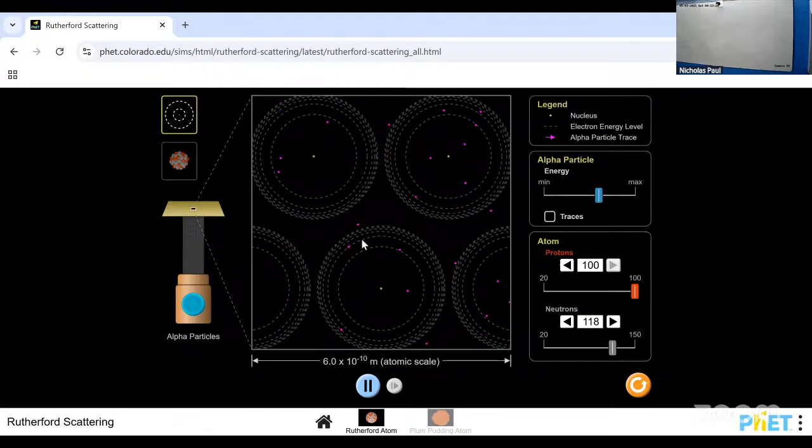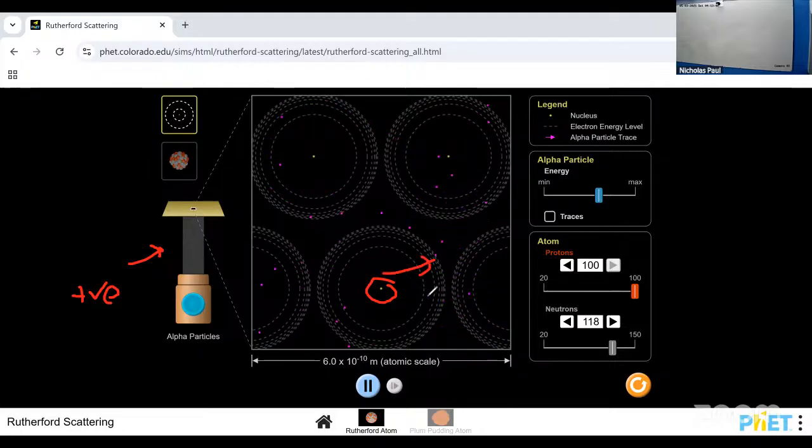What do you think is the next conclusion, Ethan? I want you to remember that the particles that leave in here are positively charged. Right? And look at what happens when they come close to a nucleus. Well, we know it's a nucleus, but look at what happens when they come close to it. It deflects away.